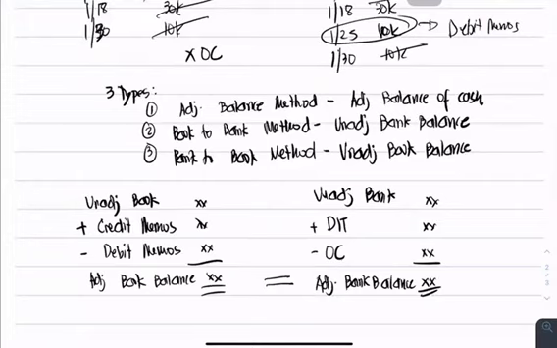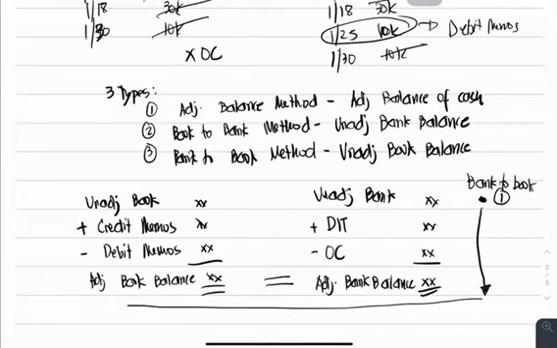Okay. Now, if we are using bank to book method, what you need to get is the unadjusted bank. So you start with unadjusted bank. This is your first step until you get for the adjusted bank balance. Whatever is the adjusted bank balance, you place it also here in your adjusted book balance.